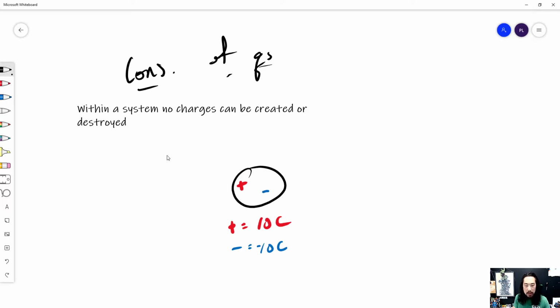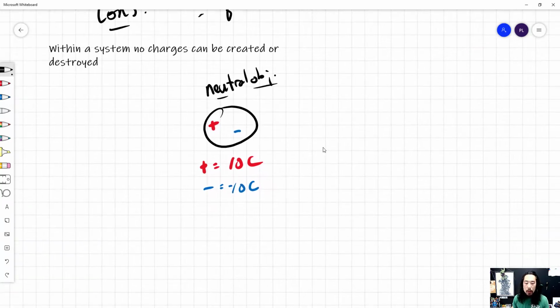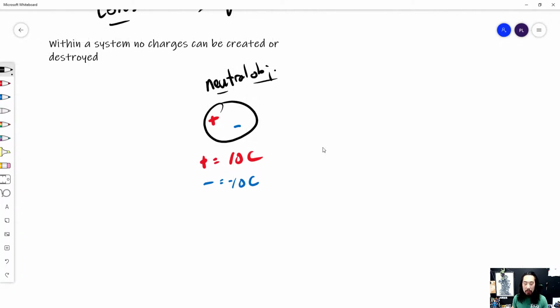Okay, so what that makes is that this object is now considered to be neutral, because positive 10 plus negative 10 gives us 0. So this here is a neutral object. Now, what the conservation of charges says is that no matter what happens, we must always have this combination of charges so that the system overall is neutral.